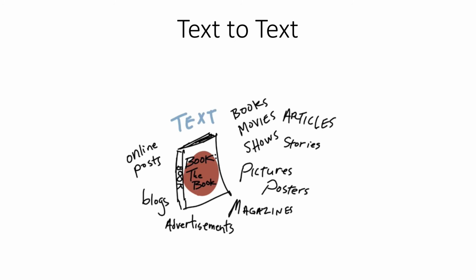And lastly, we have text to text. Remember, I said that text to text means anything that is written, but also it can be movies and shows as well. So you are connecting to another text that you are familiar with.